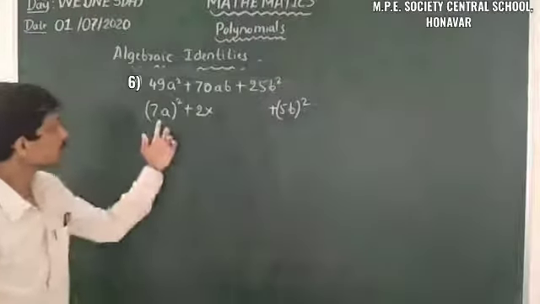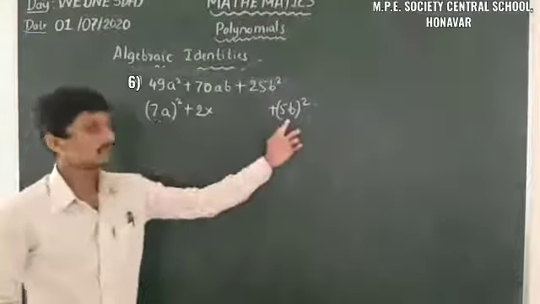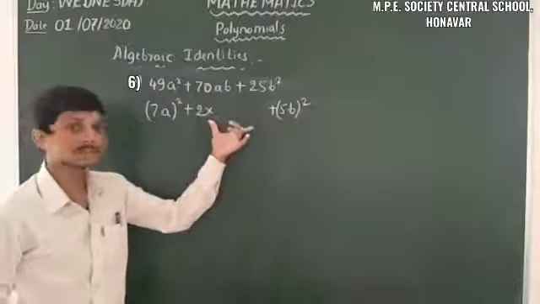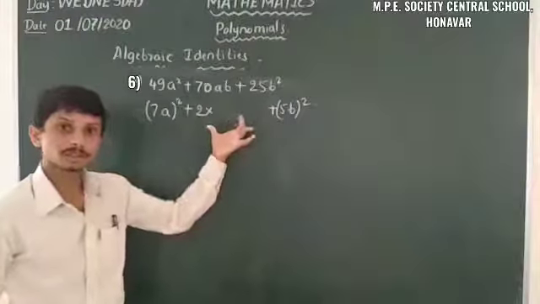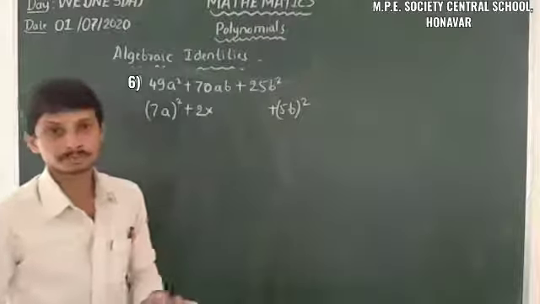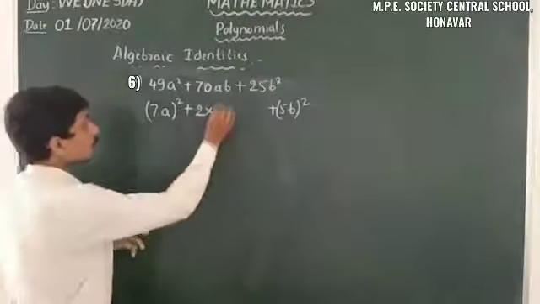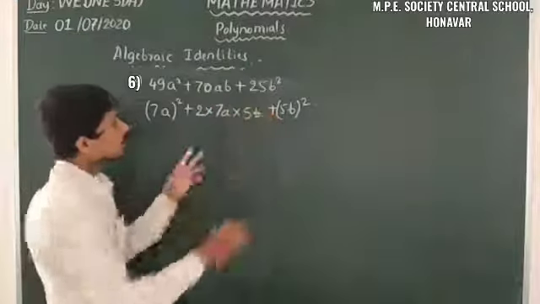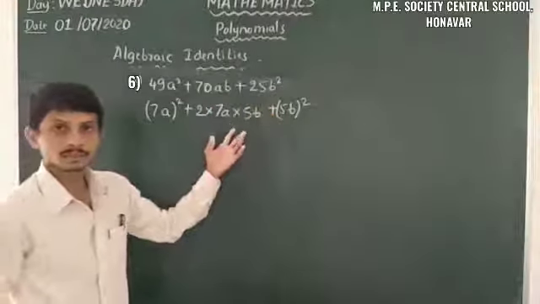Here a is 7a and b is 5b. So we have to express the middle term in the form of 2ab. The 2 is a constant, so we must write 2, then 7a and 5b, because it is in the form of 2ab.